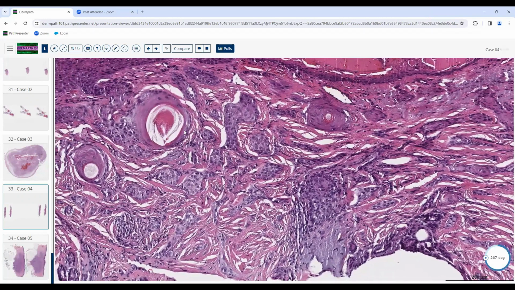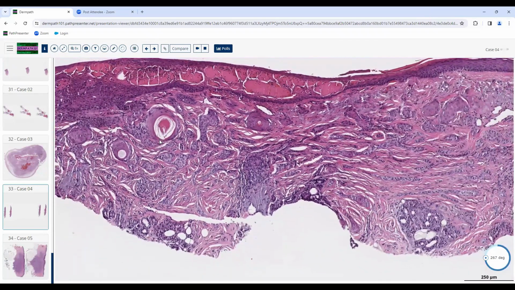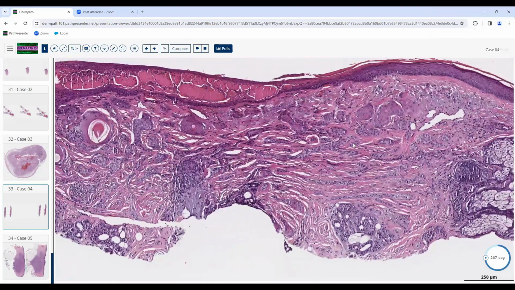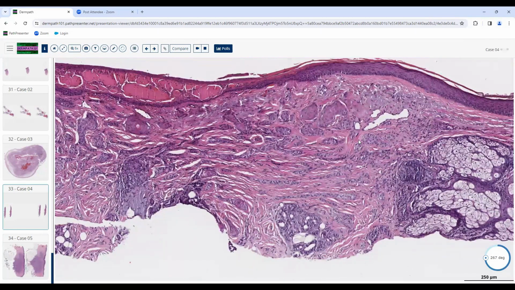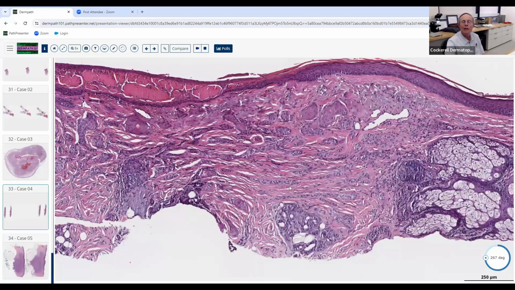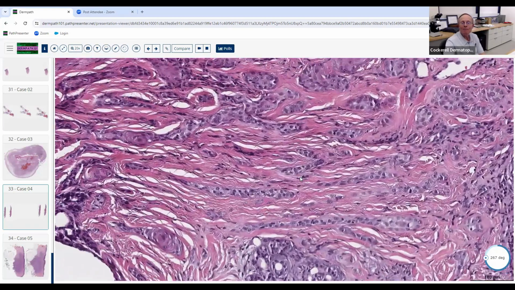What's this little structure? Is that a pseudocyst? It's a small cyst. Good. Epithelial or non-epithelial? I'm leaning towards epithelial. Good, I like that you're leaning in that direction.